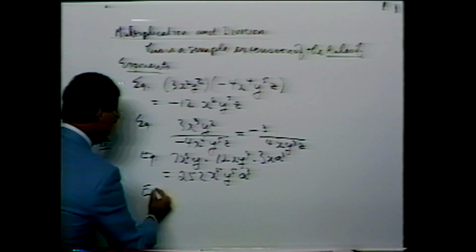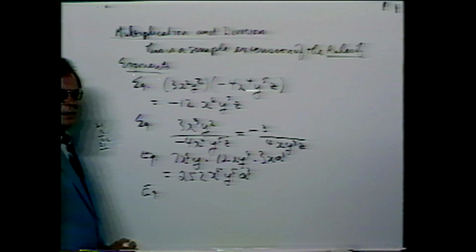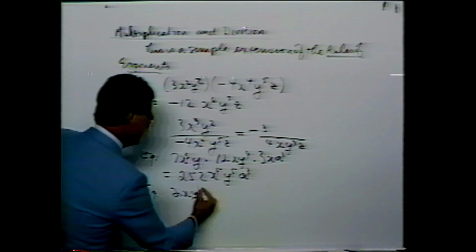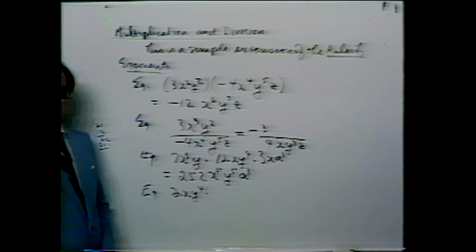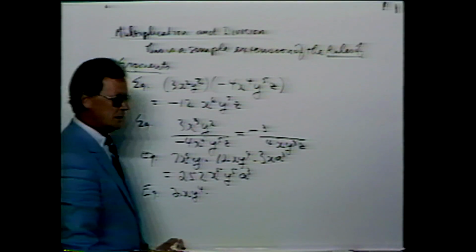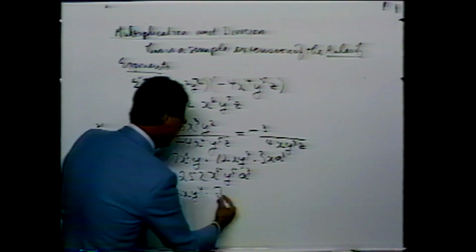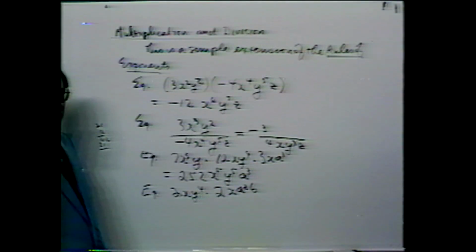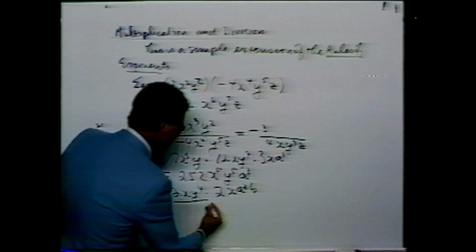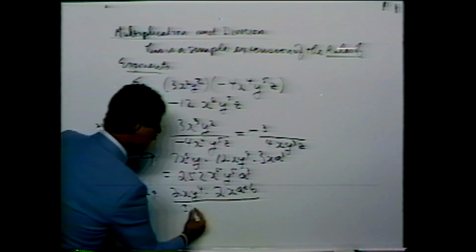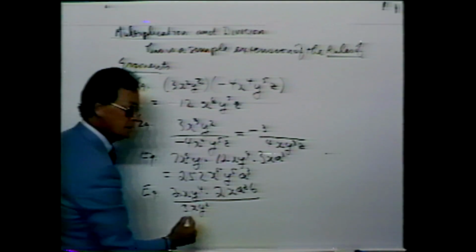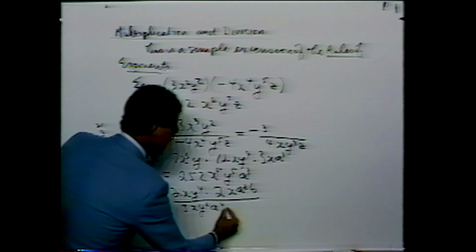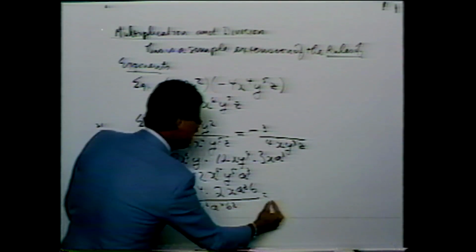Another example, I have 2xy to the 4th multiplied by 2xa squared b divided by 3xy squared a to the 4th b squared.